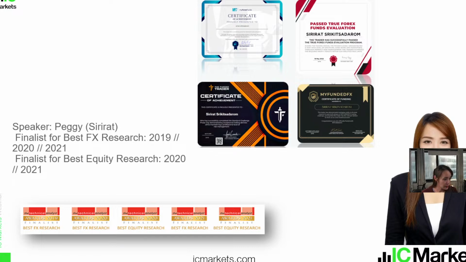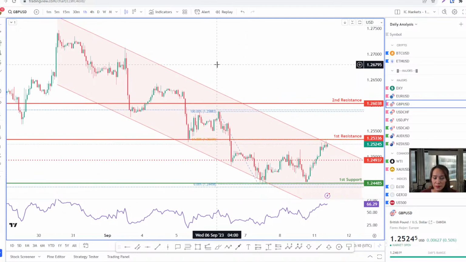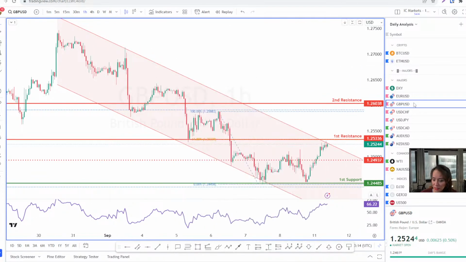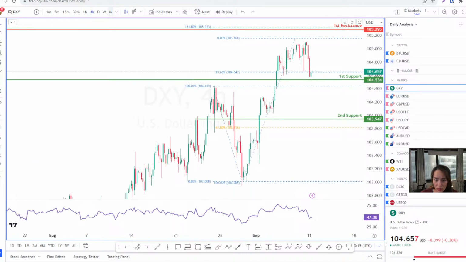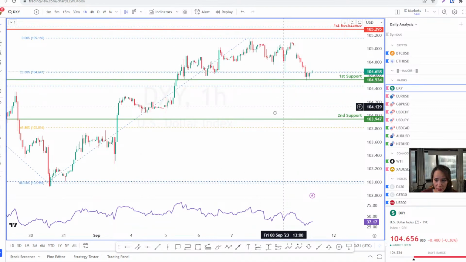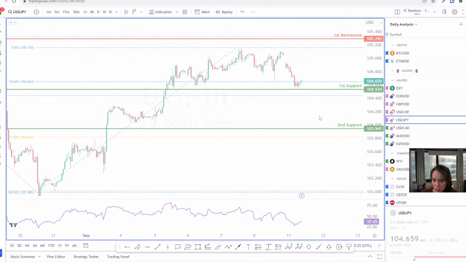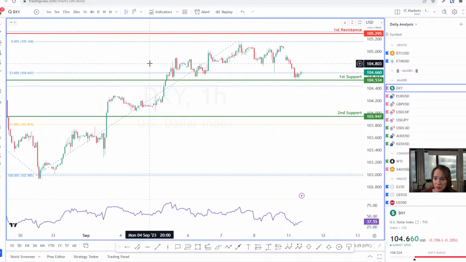Okay, let's just look at our charts for today. First, let's look at the XY. As you guys already know, this morning when the market opened there was a gap, even in the XY, I think UJ or some other pairs as well. But let's just look at the XY.